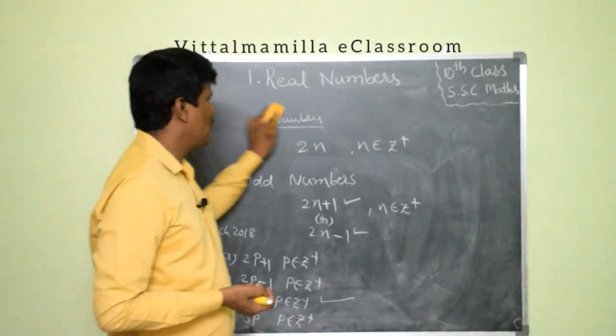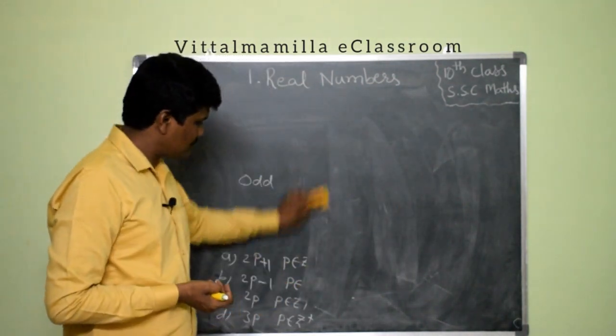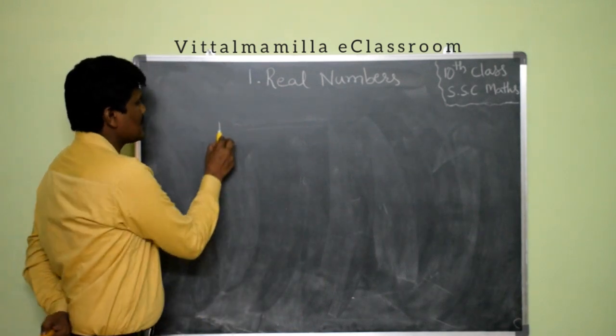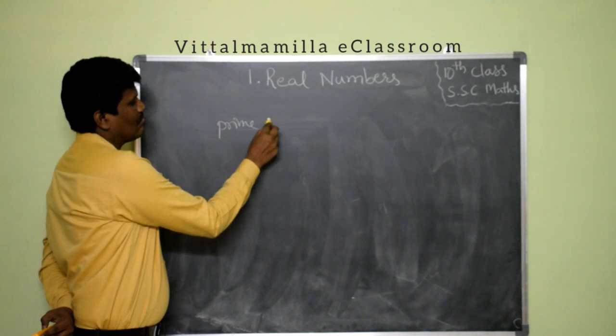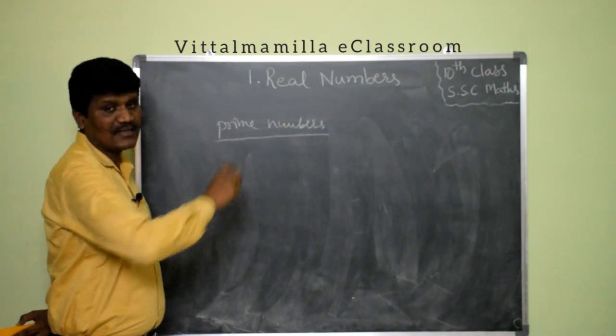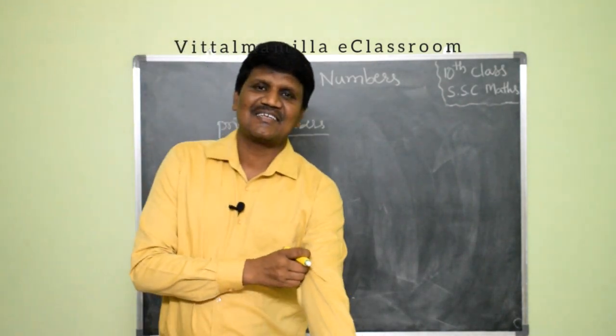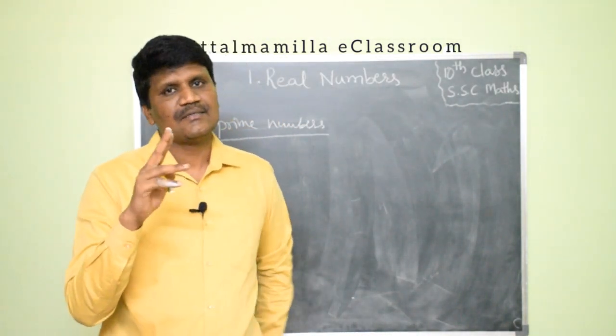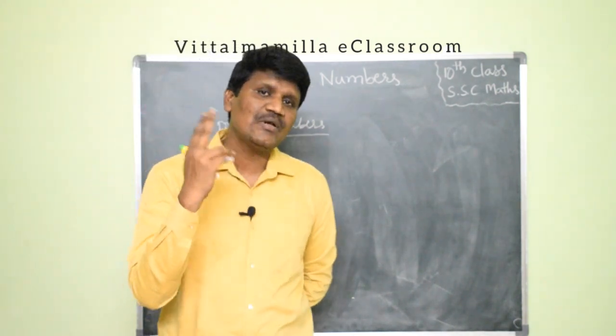Now let us see what prime numbers are. Prime numbers are the numbers which have only two factors.